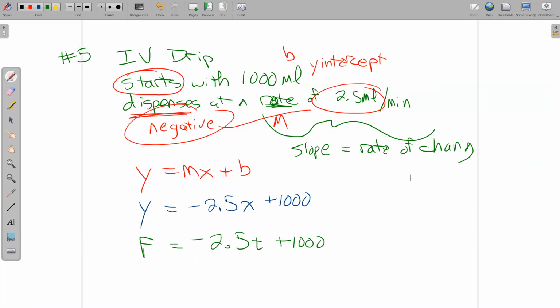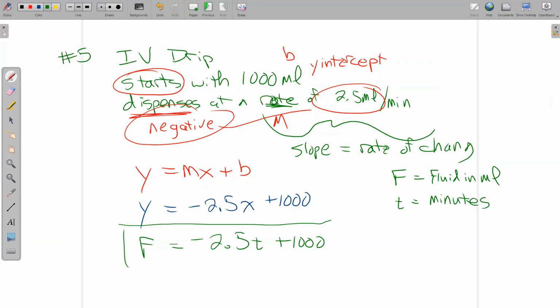And then on my paper, I usually like to remind myself F is the amount of fluid in milliliters. That's an L, believe it or not. And T is minutes gone by. I'm just going to call it minutes. And there's my formula that I can play with there.